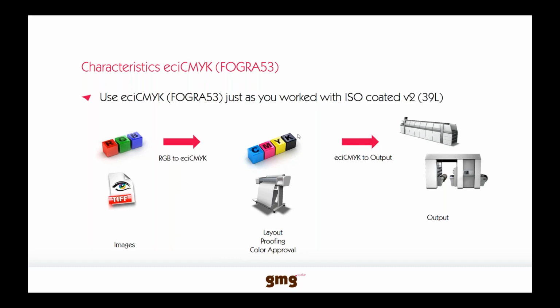And in this case, you win since you have still your higher saturated layout file, and this file you convert to your digital output, and then you gain or you take advantage of the bigger color gamut of this color space.